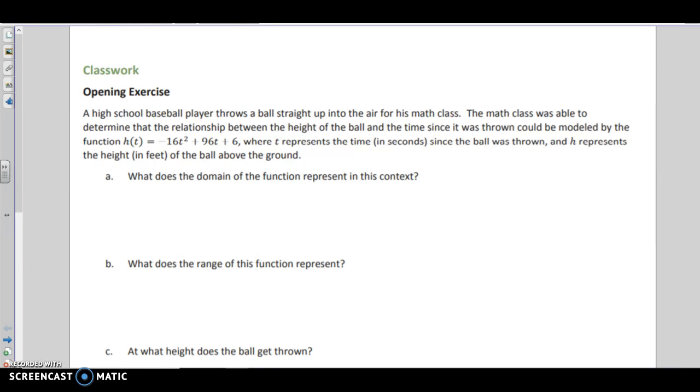So the opening exercise has to deal with contextual situations for parabolas or quadratic functions. And that's what the performance task will be on. So hopefully you got the work that was sent home, the two practice graphing packets, and the pumpkin launcher practice performance task.